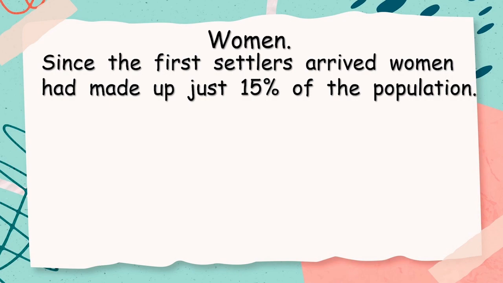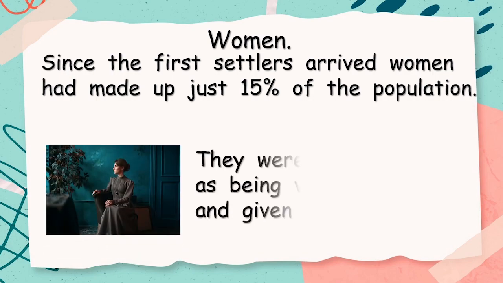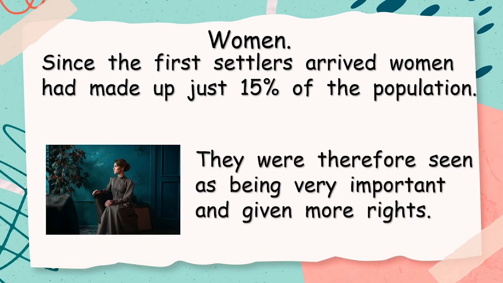So, everyone knew that this small number of women were really important to the growth and stability of this new colony. They were therefore seen as being very important and given more rights. Women in Australia had more rights than women in America or Britain.